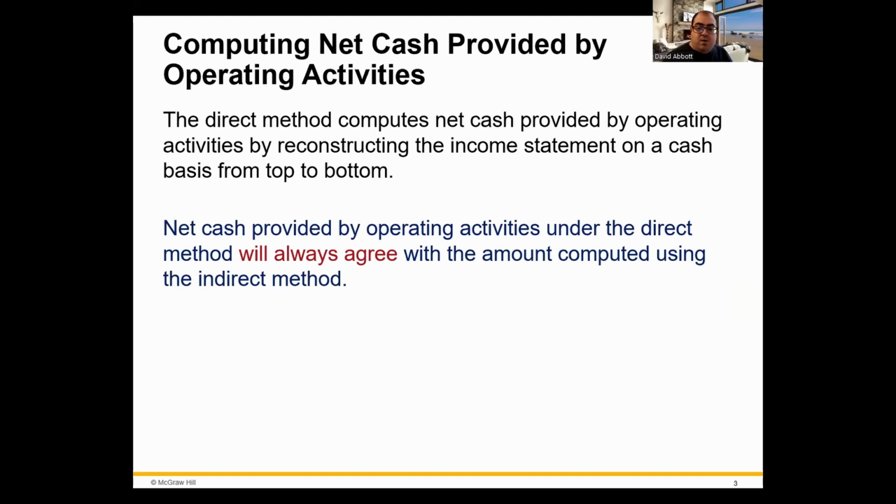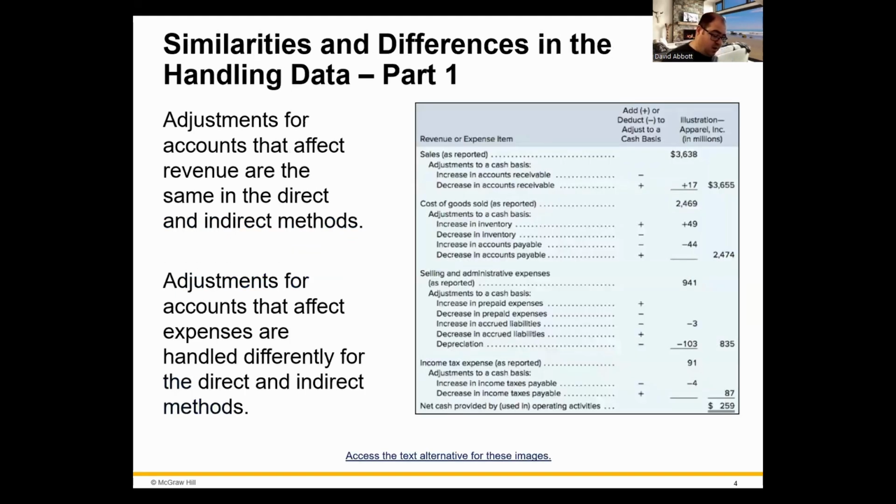So the net cash would be the same regardless, but there are similarities and differences in the handling of data.